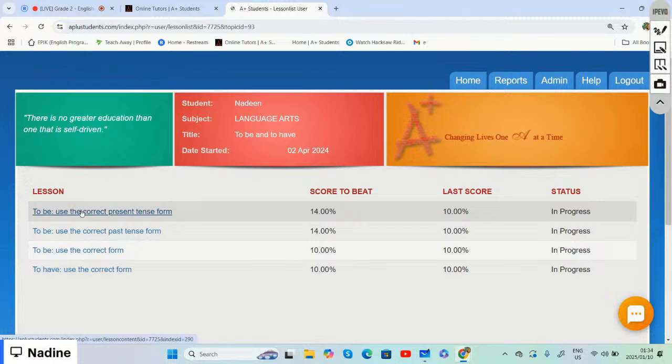All right. So that was basically how to use the correct present tense form of to be, right? Remember, we said that if we use the subject I and the present tense form of to be, then we say I am. If we use the subject he, she, or it, then we say he, she, or it is, because it's one person is.